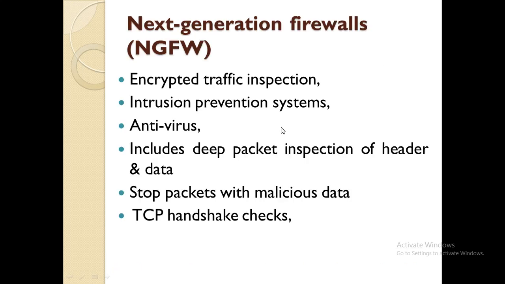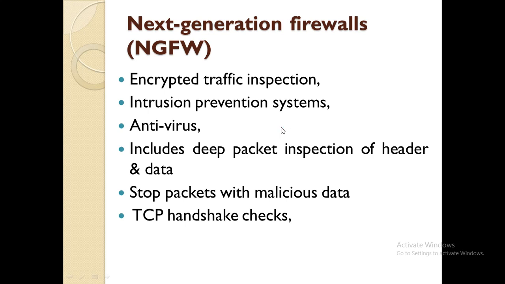This one is the next generation firewall that we use nowadays, where it takes a lot of measures, like encrypted traffic inspection, then intrusion prevention systems before anything can occur.